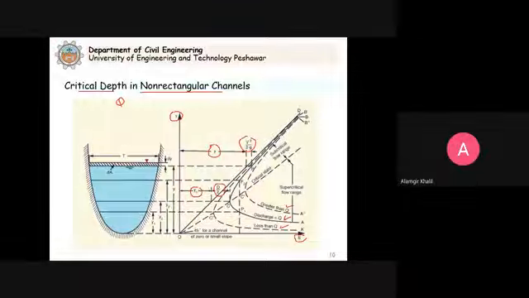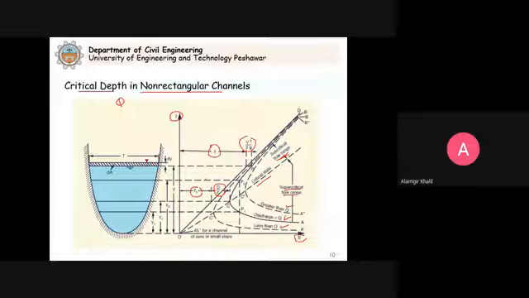This is the critical point here, for which we have the critical depth plus the critical velocity head, and because we change the discharge, the critical depth is here for this curve, and then for this curve it is here. Why? Because the critical depth depends on the discharge. So when you change the discharge, the critical depth will not remain the same. Clear? Above the critical state on the curve we have the subcritical flow range, and below the critical condition we have the supercritical flow range.